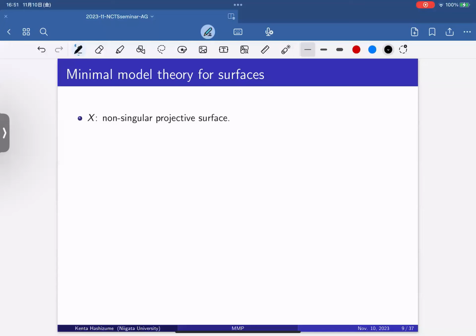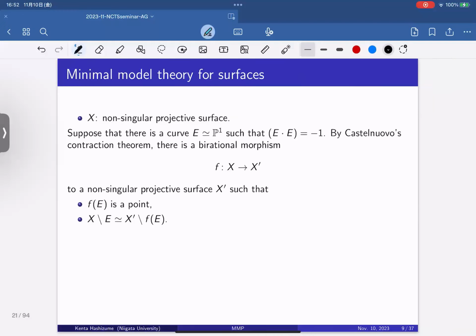We start with a non-singular projective surface X. Firstly, we check whether there is a curve E such that E is isomorphic to the projective line and the self-intersection number is -1. This is called the -1 curve.